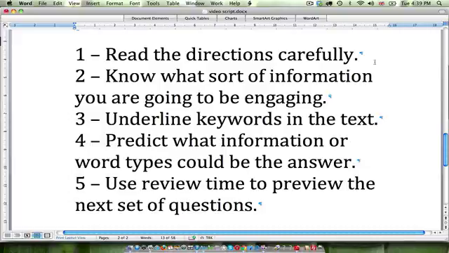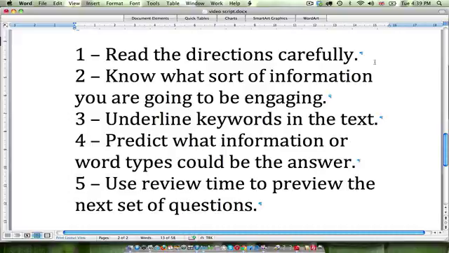Number 3, underline keywords in the text. This is very important. Number 4, predict what sort of information or word types could be the answer. So sometimes if you're asked to fill in a blank and you see an article before that blank, like the, you know that this is going to be a noun.